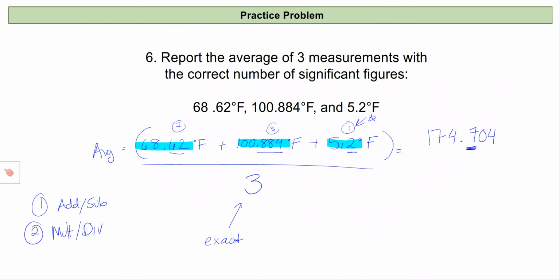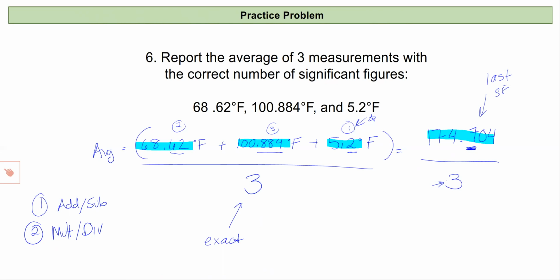Now I'm not going to round. Instead, I'm just going to make a note with a line under this 7 that says this is my last significant figure in this number. So the next step is to divide by 3. And in this case, I have an inexact number on top, and I have an exact number on the bottom of my calculation.